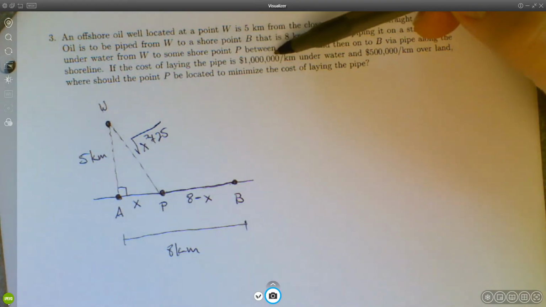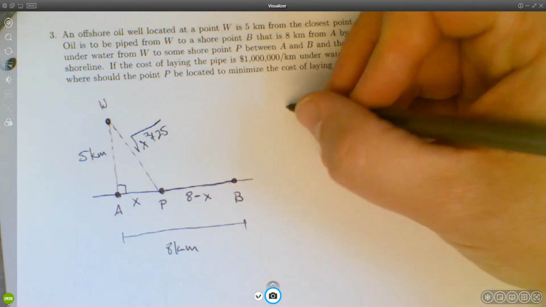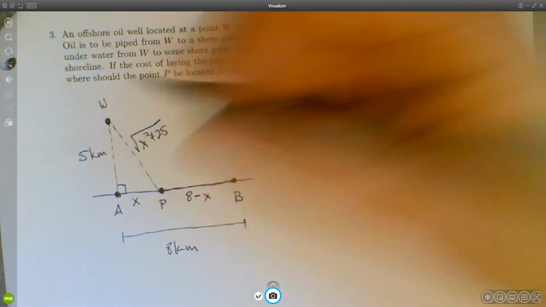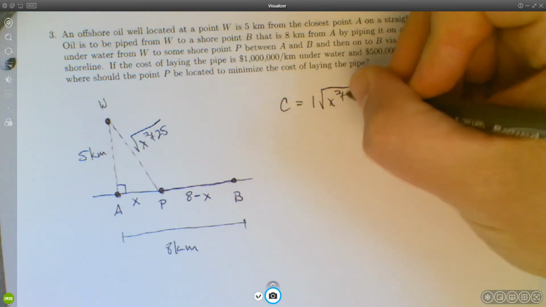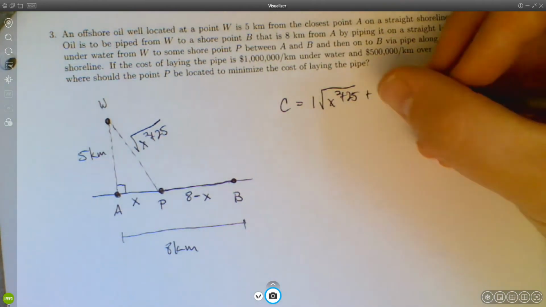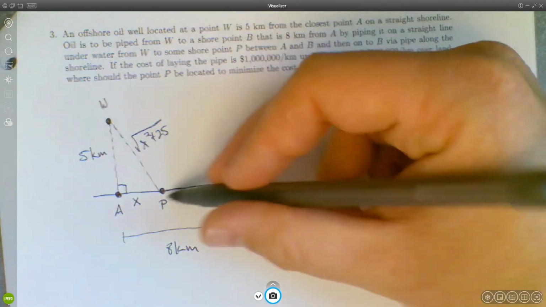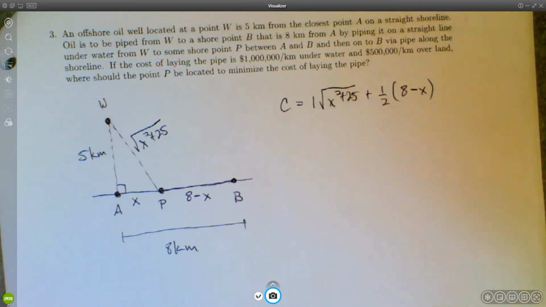Now, in order to avoid working with huge numbers, 1,000,000 and 500,000, I'm just going to give my formula for the cost of laying the pipe in millions. So in other words, I'm going to say the cost of laying the pipe is 1 times the length of the underwater piping plus, well, 500,000 is half of 1,000,000, right? So we say half times the length of the shoreline piping, right?